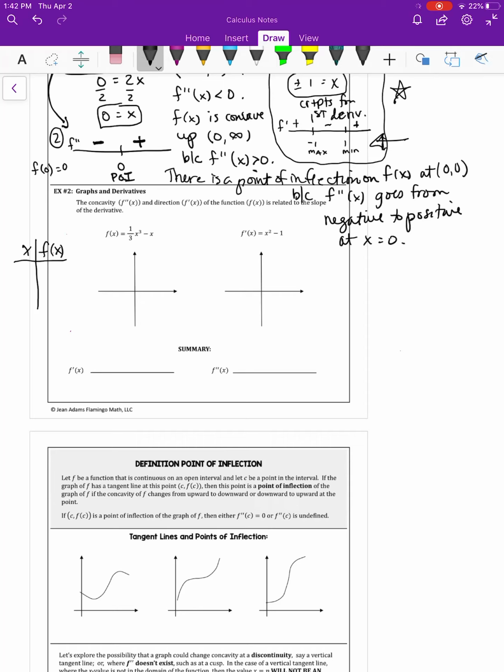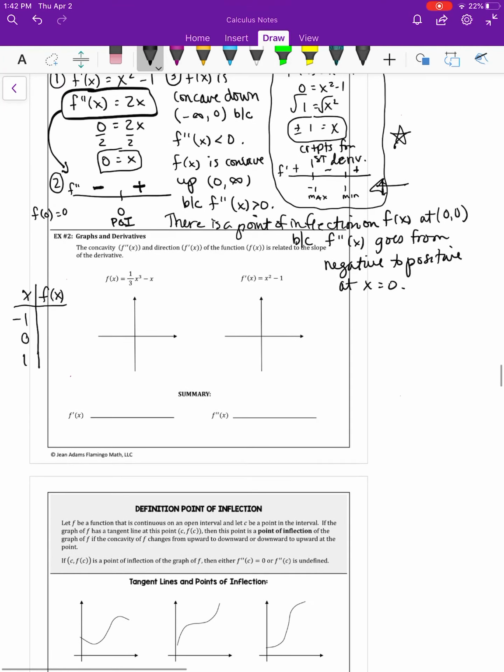I also have the point of inflection at 0. I'm going to choose -1, 0, and 1 as my x values to find points, because I know that at -1 I've got a max, at +1 I've got a min, and at 0 I have a point of inflection.